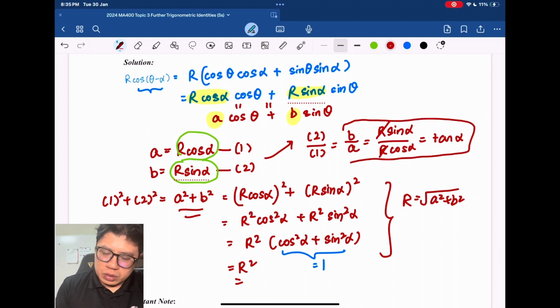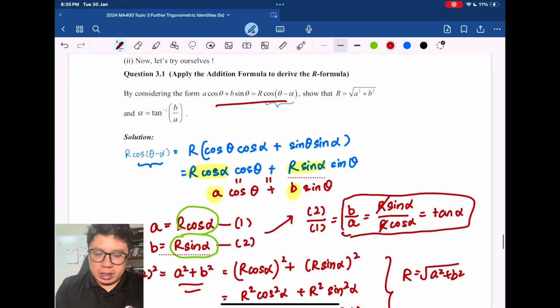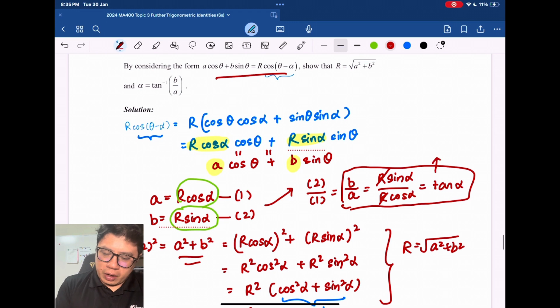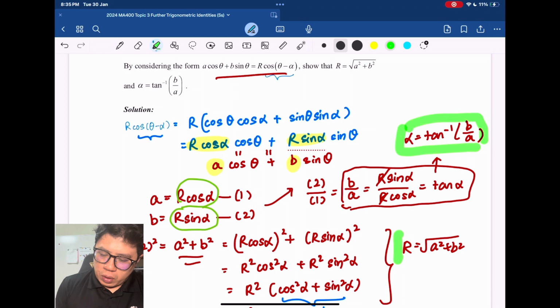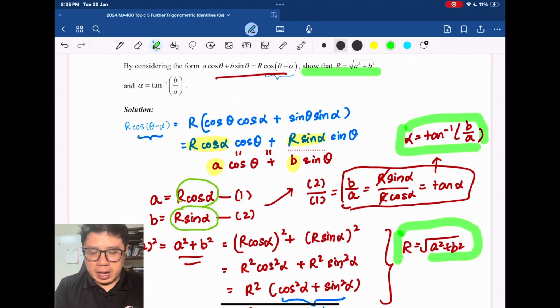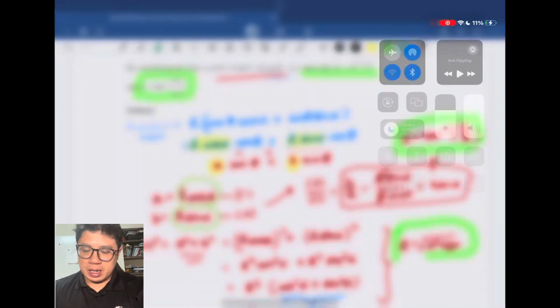So this helps us to assume that tan alpha is the same as b over a, and therefore alpha is tan inverse of b over a. So from here, you have been able to prove what the question wants us to show: that r is the square root of a squared plus b squared, and alpha is tan inverse of b over a. Okay, thank you.